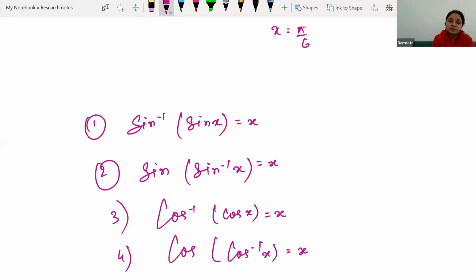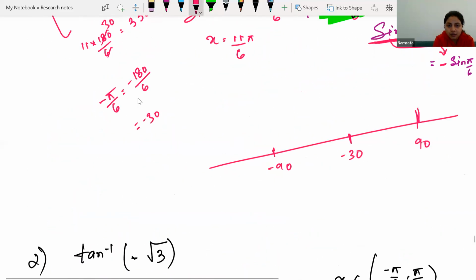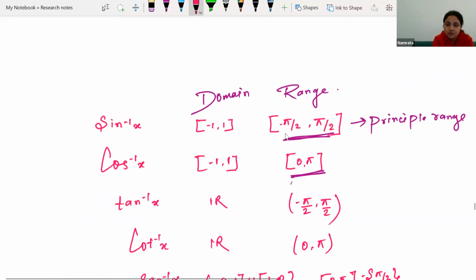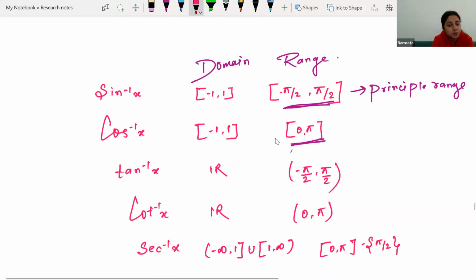Now sine inverse. Here we have sine inverse of sine x. The range of sine inverse will always lie in the principal range minus pi by 2 to pi by 2.